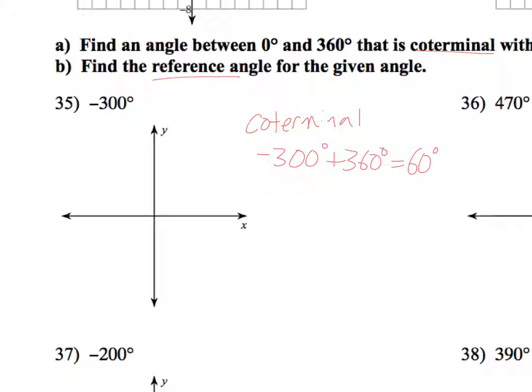So what we're really doing for -300 is we're looking at this angle. My reference angle means the angle I make with the x-axis. And the reference angle happens to also be 60 degrees. That's not always going to be the case, but in this case, that worked.